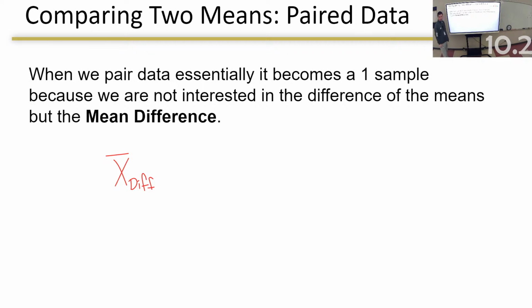Mean difference. Difference of the means. That's your clue. Never will they say difference of the means and want this, and never will they say mean difference and want that. They will say one of those two. So those are your clues.